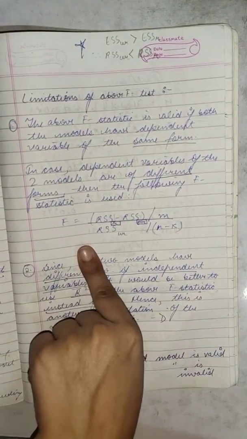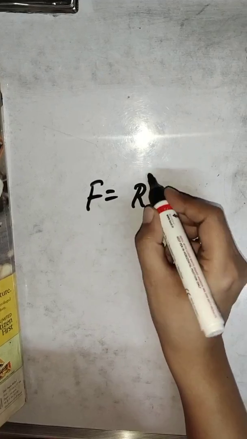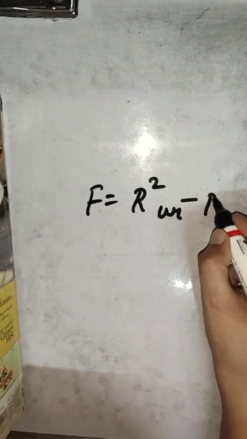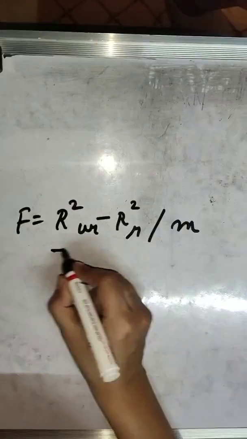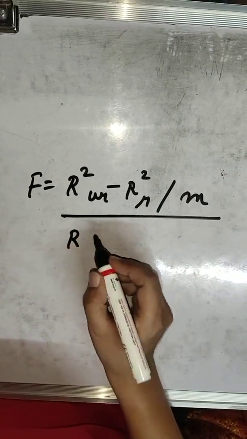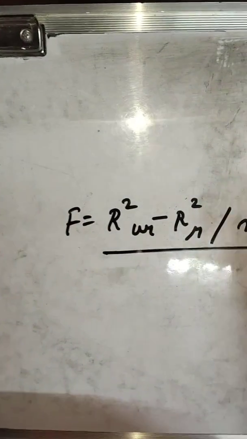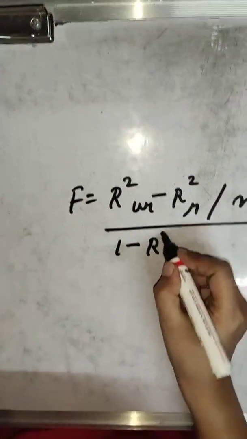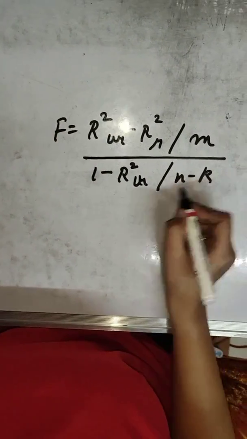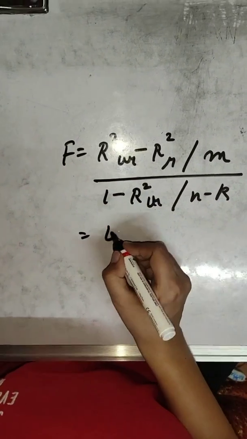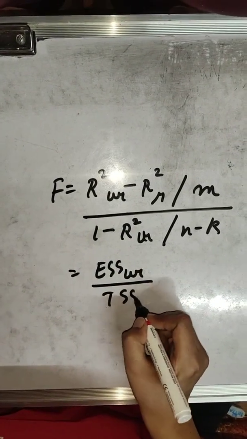I'll explain how. Your F stat is R square unrestricted minus R square restricted divided by M, upon 1 minus R square unrestricted divided by N minus K. R square can be written as ESS upon TSS.